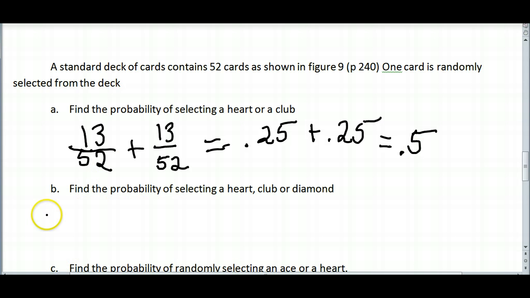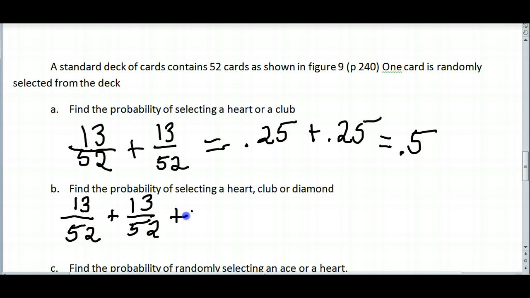Find the probability of selecting a heart, club, or diamond. Well, we've already determined there are 13 hearts, 13 clubs, and you can go back over to that picture and verify, if you would like, that there are indeed 13 diamonds. This is my diamond row right here. There are 13 of them.